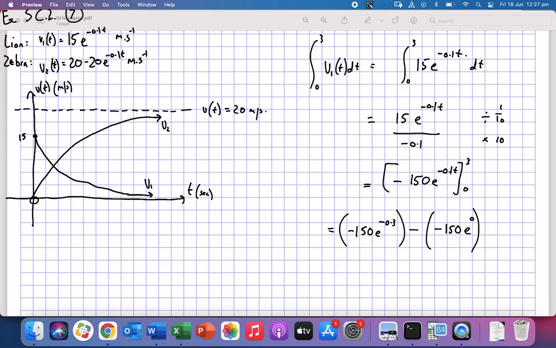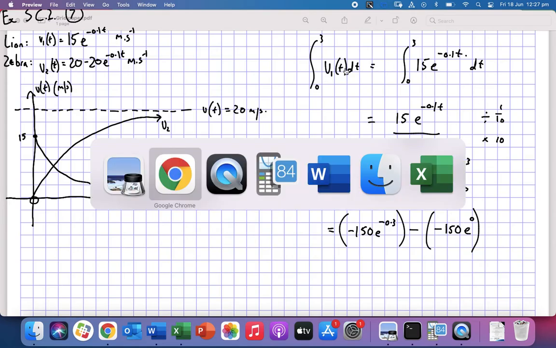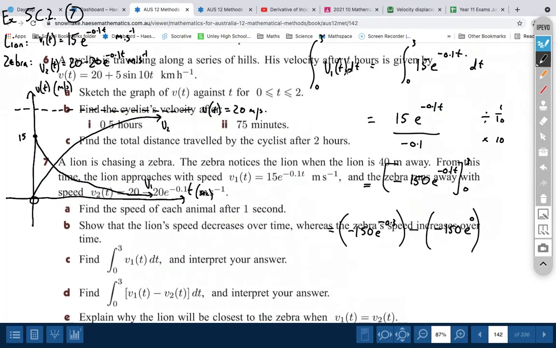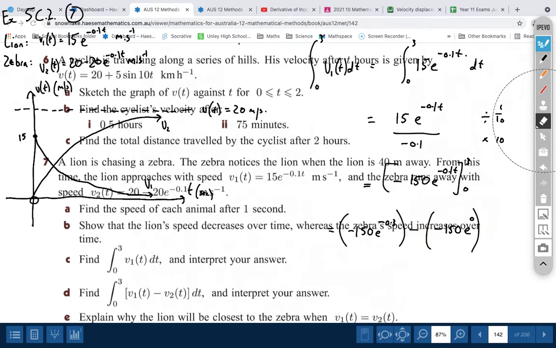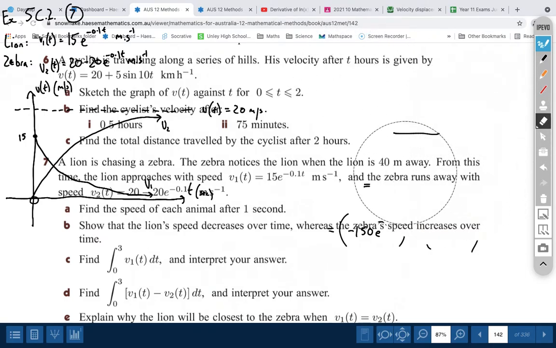Now the next part, they didn't just have what's the integral of one of the functions, they had v1 minus v2, interpret your answer. So let me make some room. v1 minus v2.